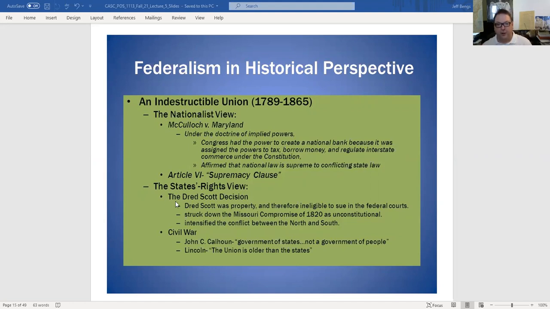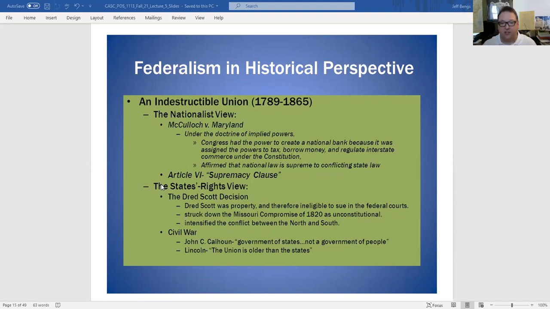So here's your third Supreme Court case that you need to know. This one is not mentioned in the book, but you need to know it.